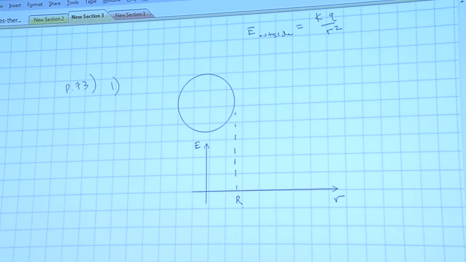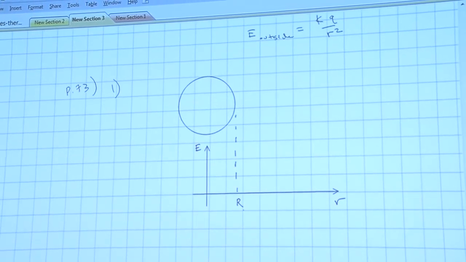We're going to find the electric field everywhere, and I'm going to plot it. Let's start with the easy one. What is it inside the sphere? 0 for r less than capital R. E is 0, so I'll use what color? How about blue?